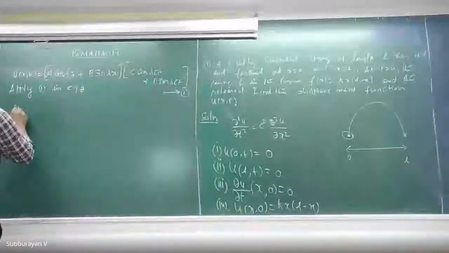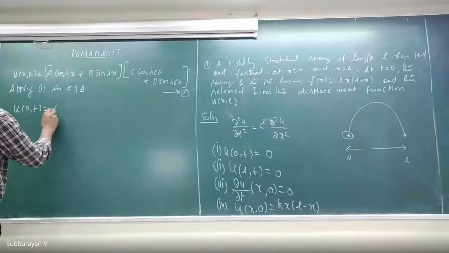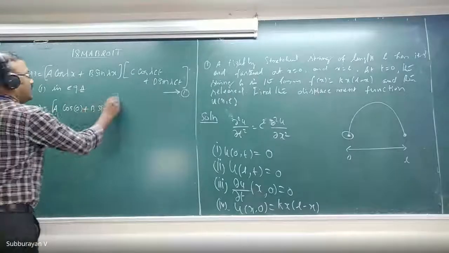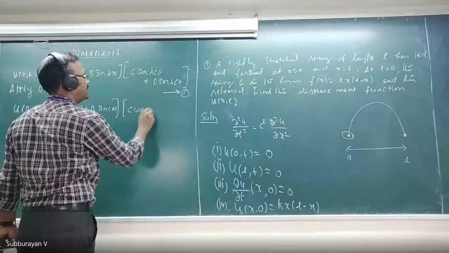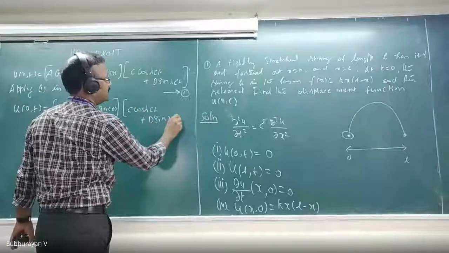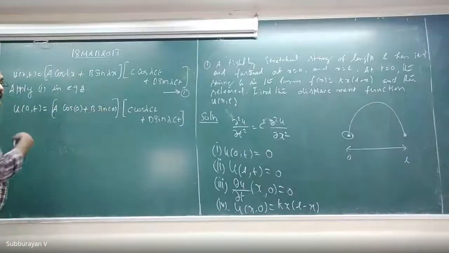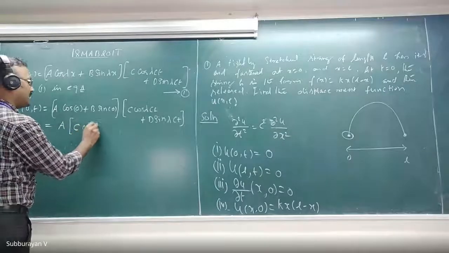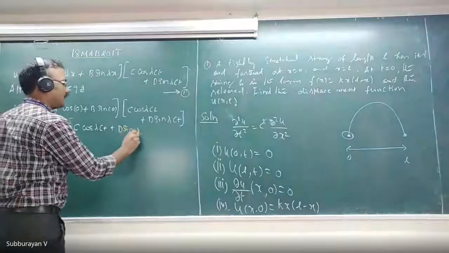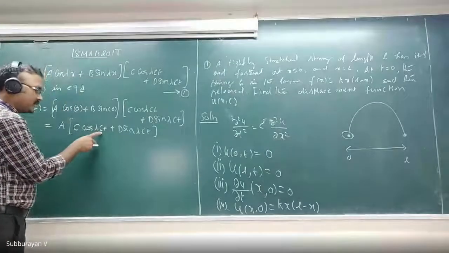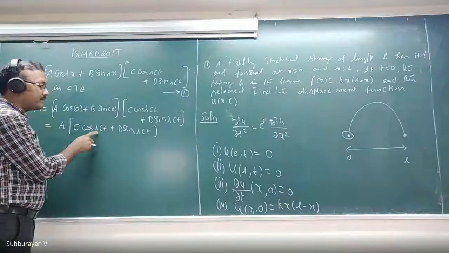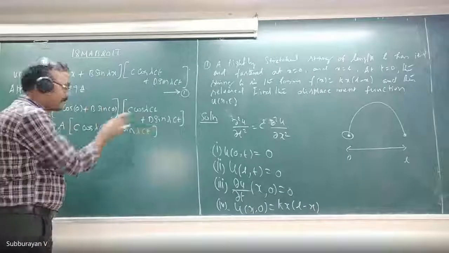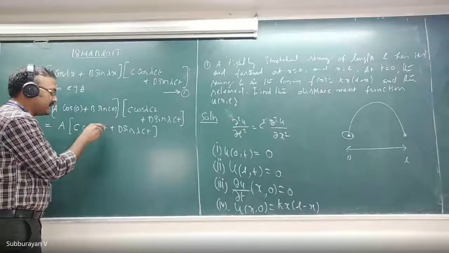That is u(0, t) equals A cos 0 plus B sin 0, times (C cos λct plus D sin λct). But sin 0 is 0 and cos 0 is 1, so this reduces to A times (C cos λct plus D sin λct).